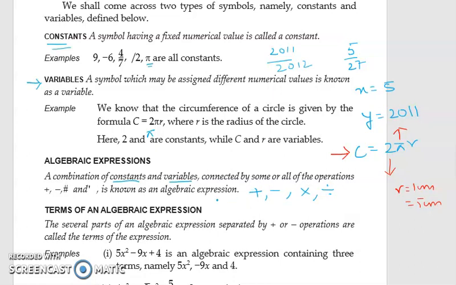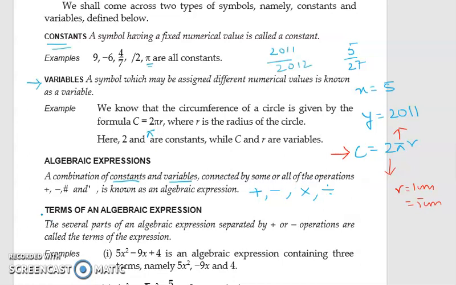In mathematics, what are the operations? Not biological operations but mathematical operations, which are addition, subtraction, multiplication and division. I'll explain more in the coming questions, but remember, an algebraic expression is a combination of constants and variables connected by these mathematical operations.